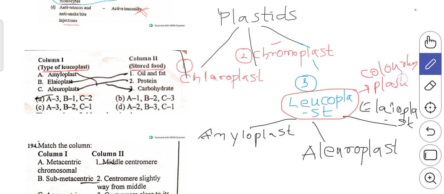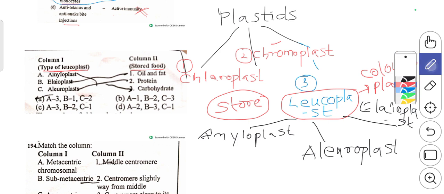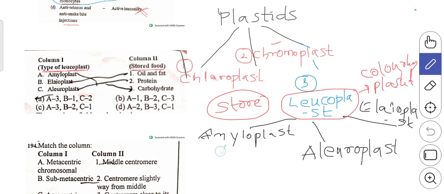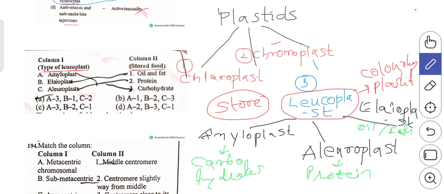Its main function is to store food, and based on the food stored, we classify the leucoplast. Amyloplast always stores carbohydrates. Aleuroplast always stores protein, whereas elaioplast stores oils and fats.